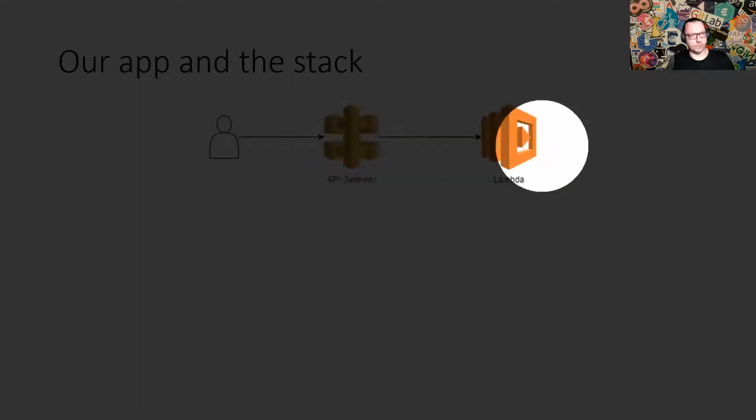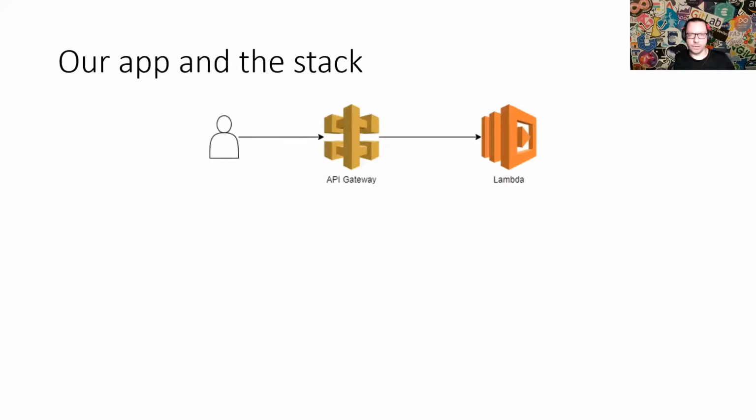These are the only two things which we will deploy. For this, we will obviously use Lambda function from AWS and API Gateway. And for deployment of these two elements, we will use the SAM CloudFormation deployment model.